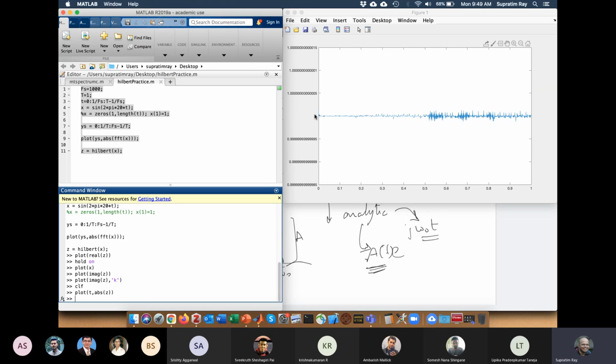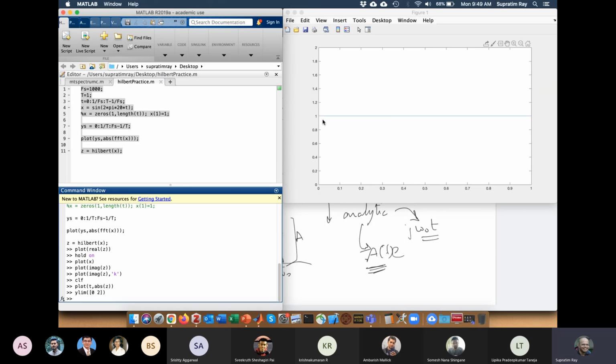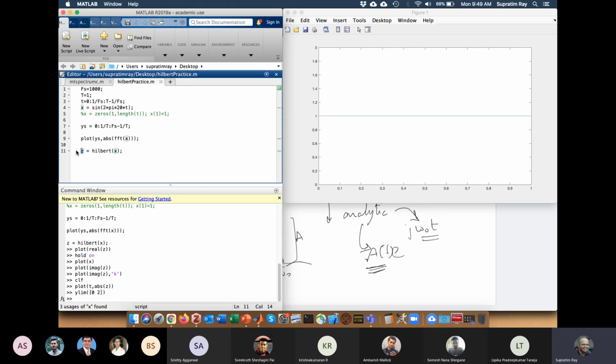Okay, it's at 1. So y lim 0 to 2. So I have got what I wanted. I've got a signal Z, which is the analytic signal of X, and the absolute value, the instantaneous amplitude is 1. So this function tells you that the amplitude is everywhere 1.